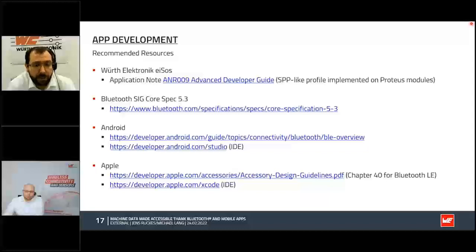They include some valid and important tips and hints, some timing values, for example, that should be used, especially for Apple devices. There is quite a big restriction on which values to use for timing, packet sizes, stuff like that. So have a look, especially at chapter 40, if you consider talking to an Apple device. Yeah, so that's the part for app development.